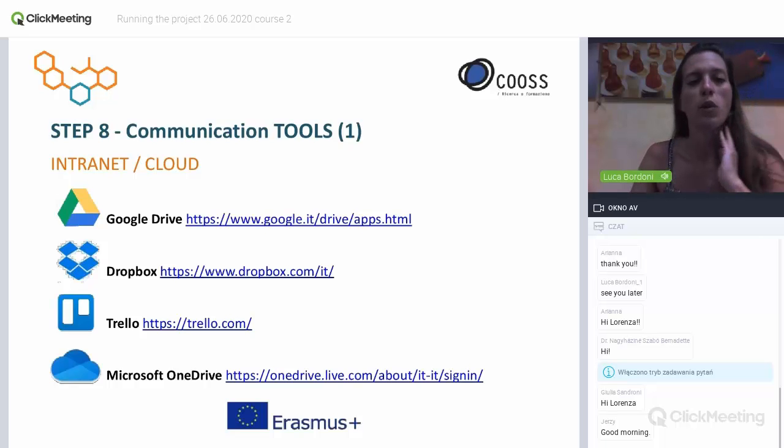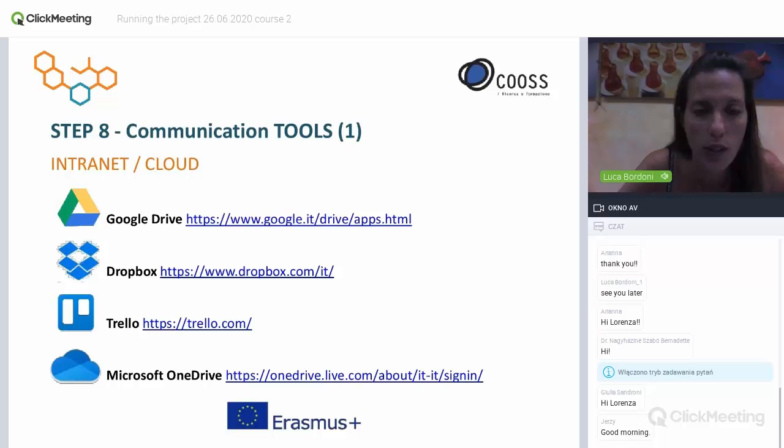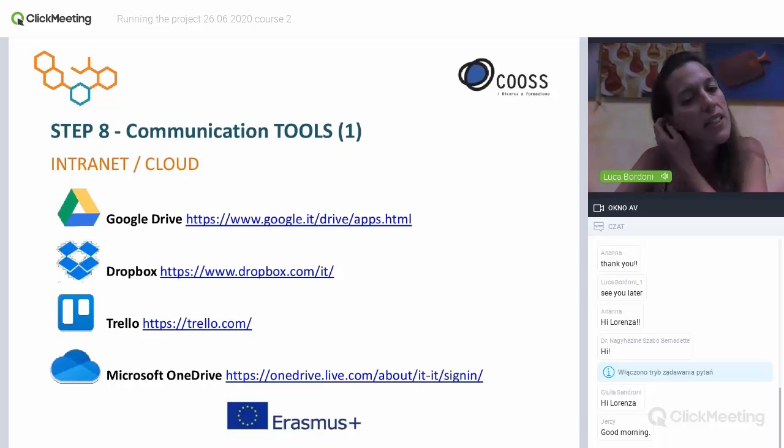A small but not exhaustive list of available clouds. These are the most famous: Google Drive, Dropbox, Trello, OneDrive, that probably you know, but if you want, after this session, you can go to the link and try to use them. They are all free on the web. Google Drive, for example, is linked to a Gmail address, Microsoft OneDrive with the Office address.